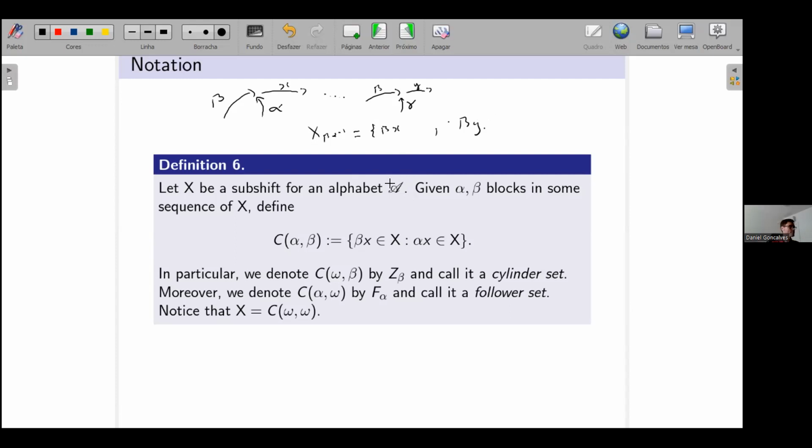It's more subtle. So when I define C of alpha beta, I'm looking at the cylinder of beta, so everything that starts with beta, but also such that once I erase this beta, I can put the alpha in front, okay? So in our example here, C of alpha beta will be just beta x, and will not have the beta y, right?